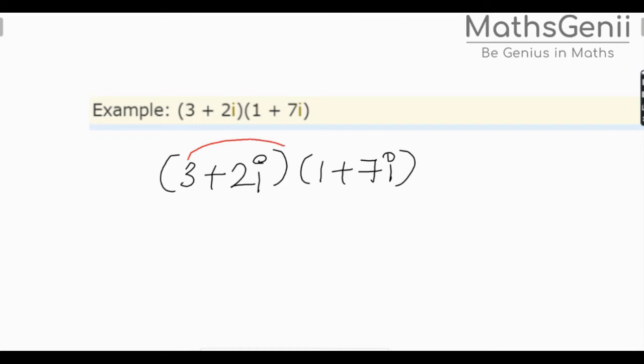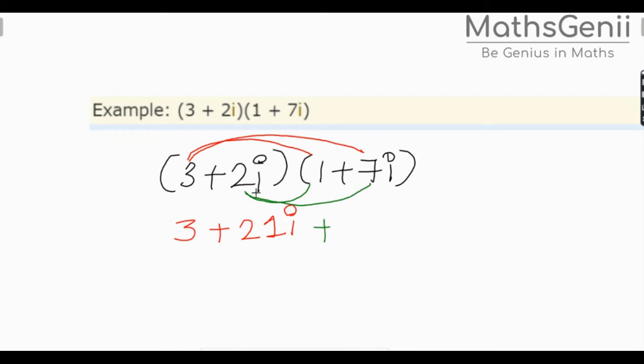First term is multiplied by both these terms. So I'm going to multiply: 3 ones are 3 plus 3 sevens are 21 and i is beside, so I'm going to write i. Next, second term multiplied with both the terms in the bracket.